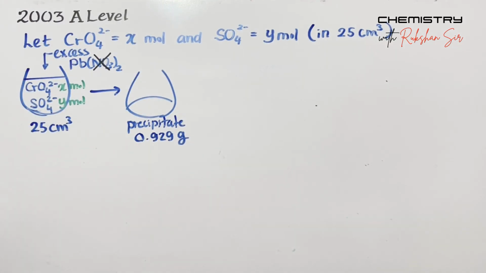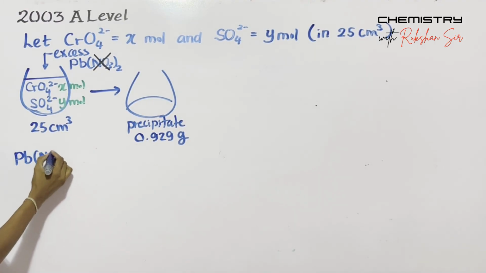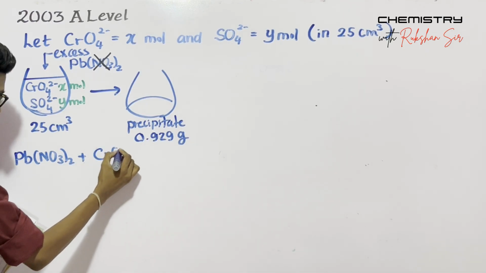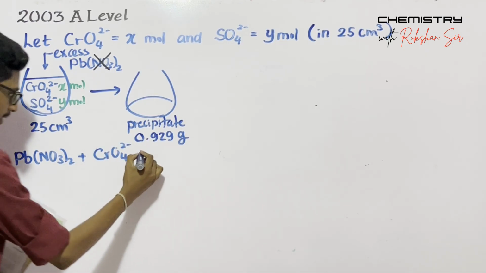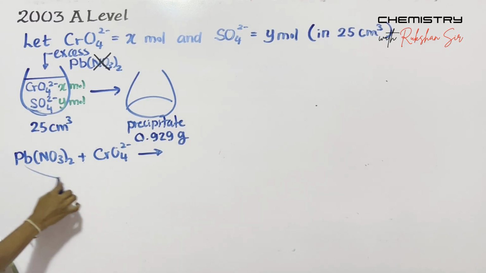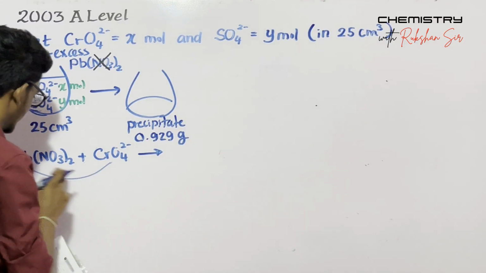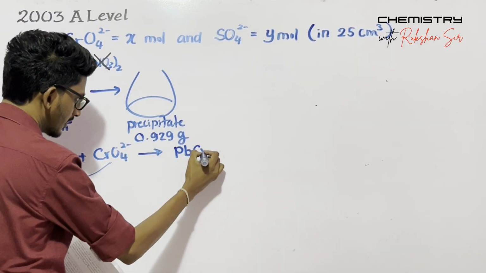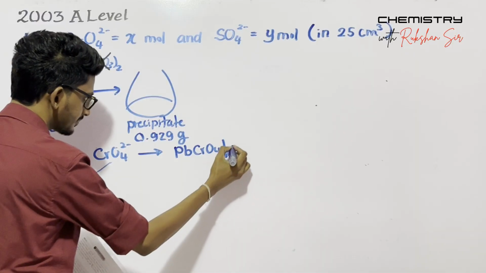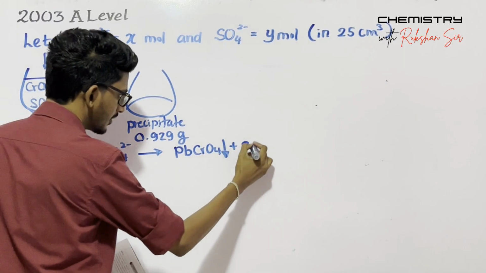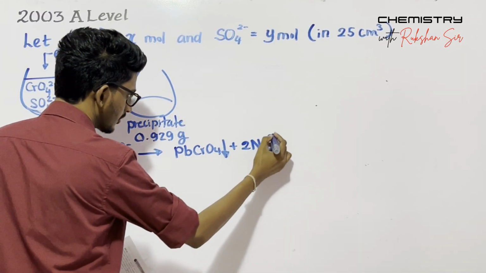Let's write it like this. First, the lead nitrate reacting with the chromate ions. It will produce lead chromate. The cation comes with the anion of the other species. Lead chromate is the precipitate, and the anion releases 2 NO3 minus ions.